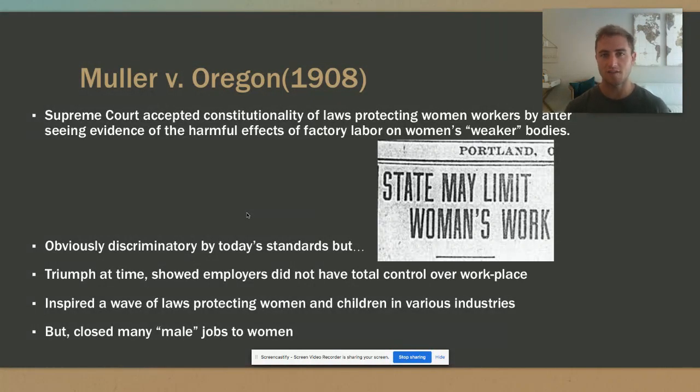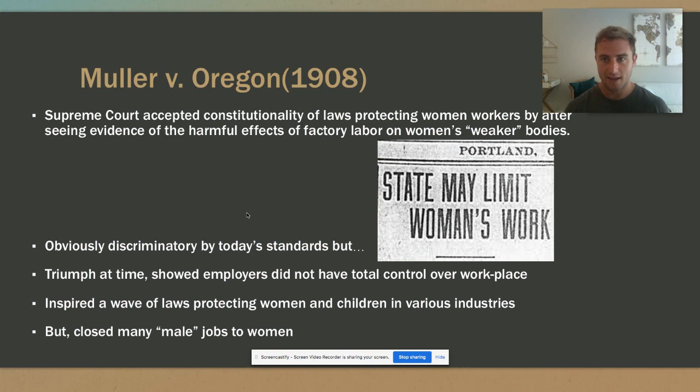This was viewed in general as a victory for the workers, because it was a Supreme Court case that held that there needed to be restrictions in place that protected the workers. But how it was done by today's standards is obviously sexist. The Supreme Court viewed that there should be laws that protect women in the workplace because of their quote unquote weaker bodies.